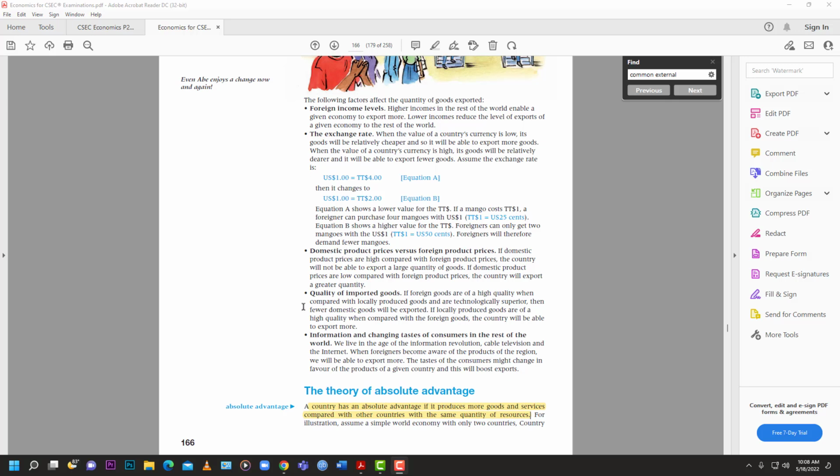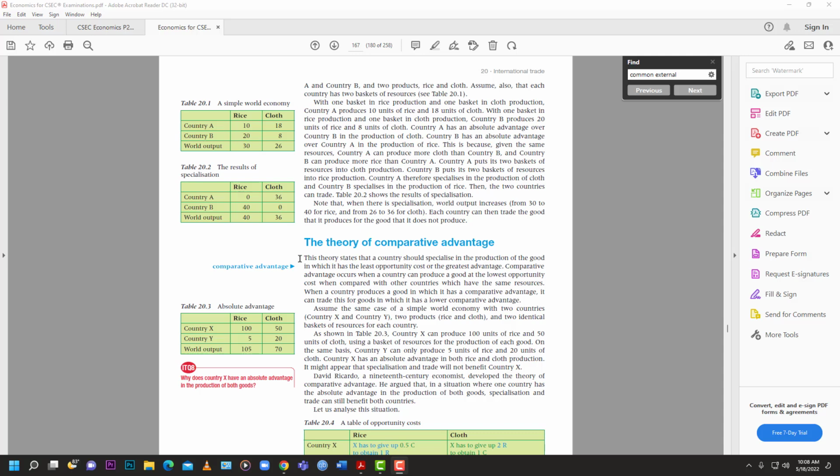Now, comparative advantage is a bit different. Comparative advantage is where you can produce the goods or services at the lowest opportunity cost compared to another country. You are more efficient at producing that particular good than the other country. It doesn't mean that you produce more than them in raw numbers.